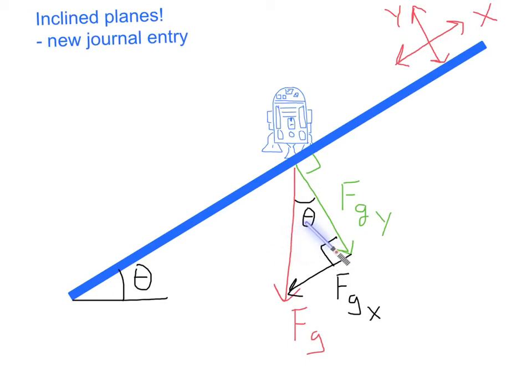And so hopefully if you think of this as a dynamic system, when the angle of the plane is 0, the force of gravity in the y direction is going to be equal to the force of gravity, because everything will be pointing straight down, and the force of gravity in the x direction will reduce to 0 when this angle approaches 0.